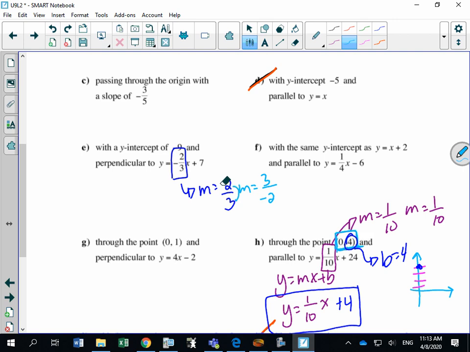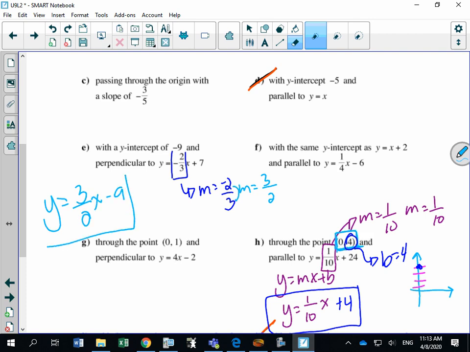If this is negative, perpendicular is always the opposite. One has to be negative, one has to be positive. So I would erase this, and my new slope is 3 over 2. They want it to have a y-intercept of negative 9. My equation, mx plus b, would be 3 over 2 x minus 9. Okay, so I want you to do this question.